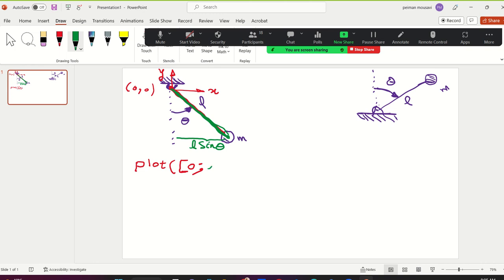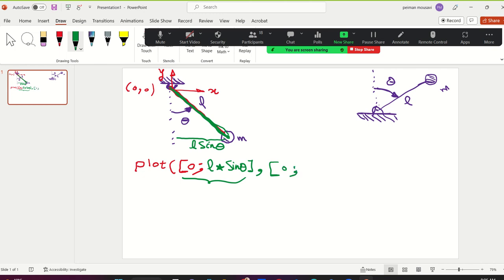So you write here L, star means multiplication, sine theta. So this is the x component of this line. Then you put a colon. Now y of that. Y of this point is 0.